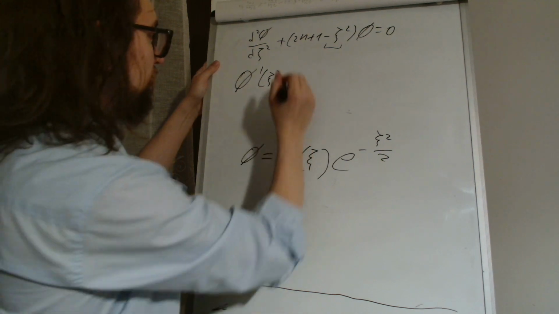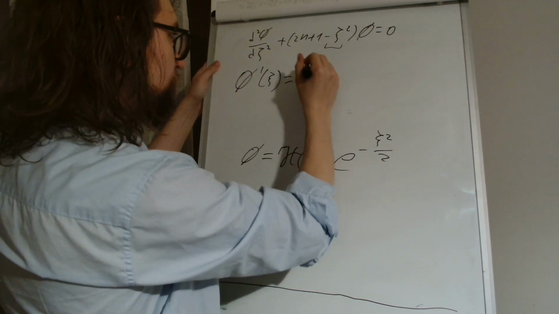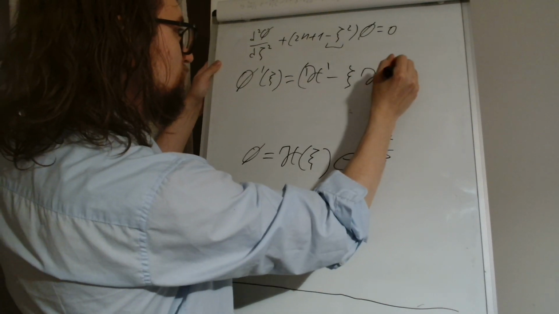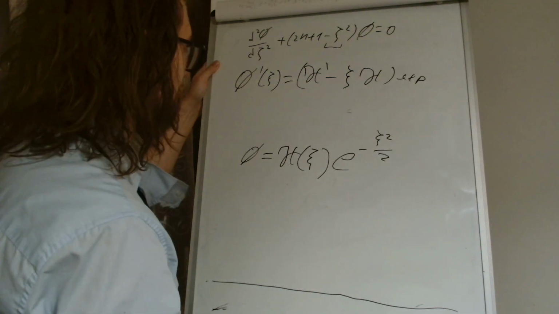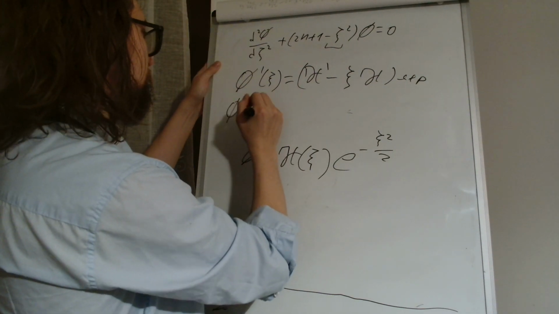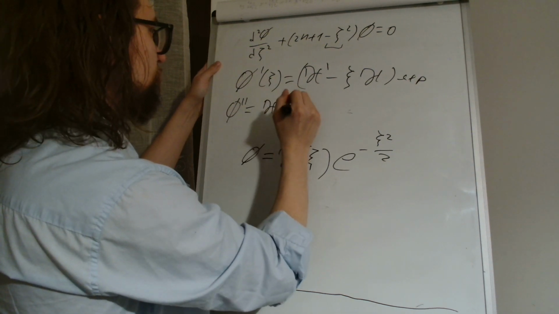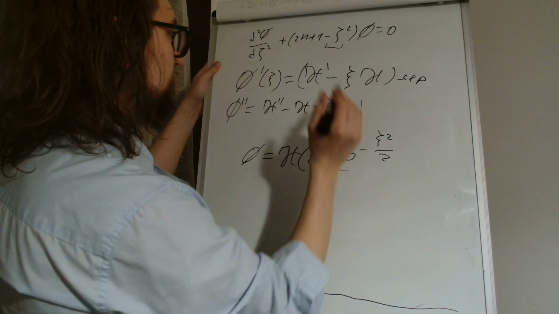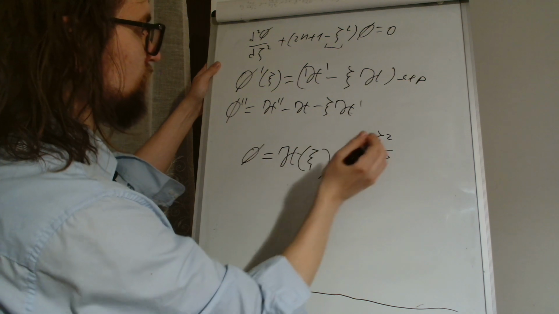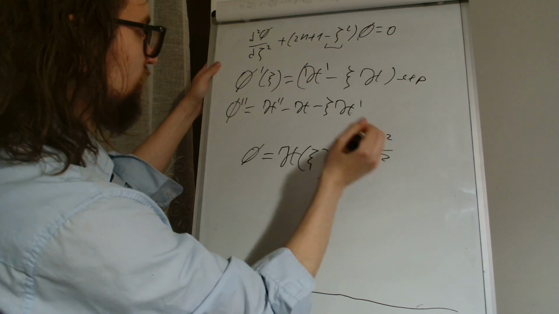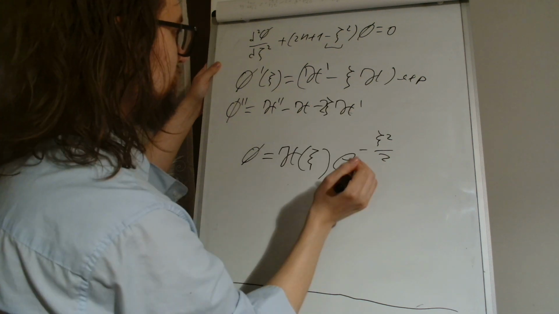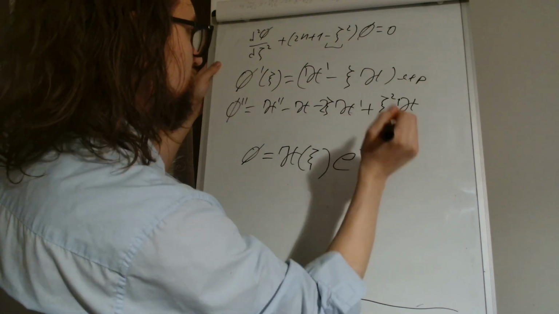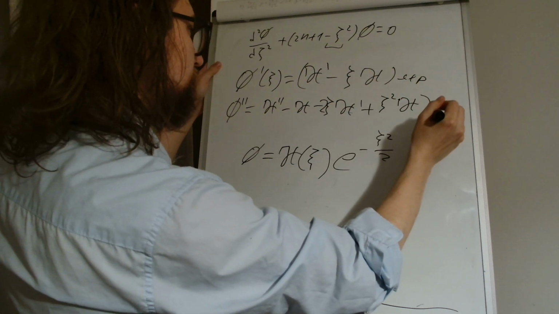So phi prime of x is h prime minus c h times the exponential, this exponential here, and the second derivative is h second minus h minus c h prime, plus, now we're going to multiply this by minus c, so we're going to get minus 2c h prime plus c squared h times the exponential.